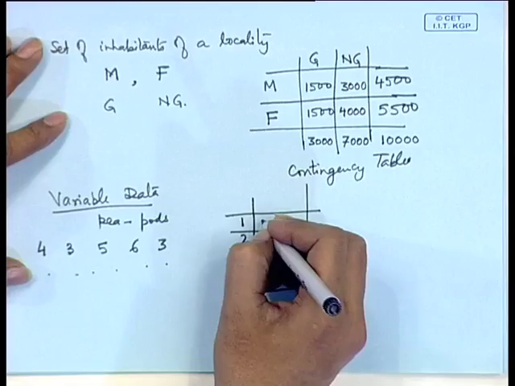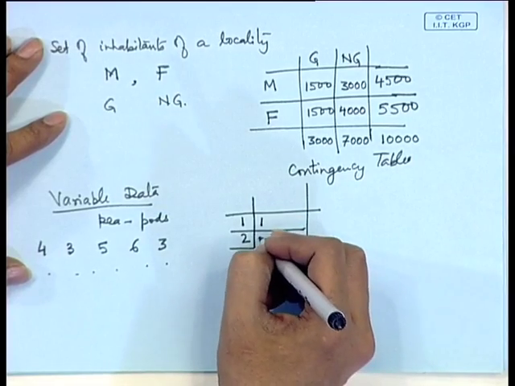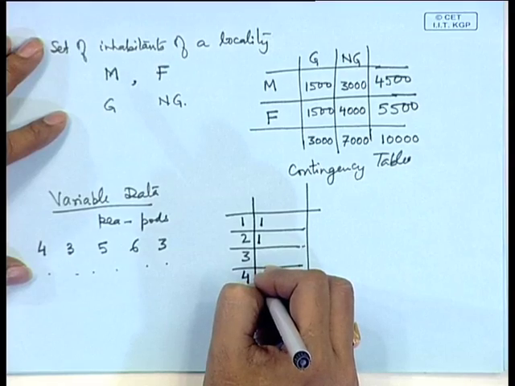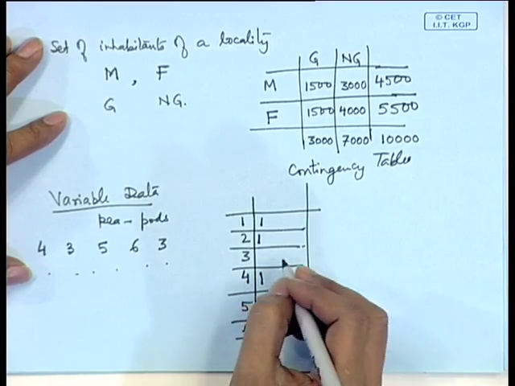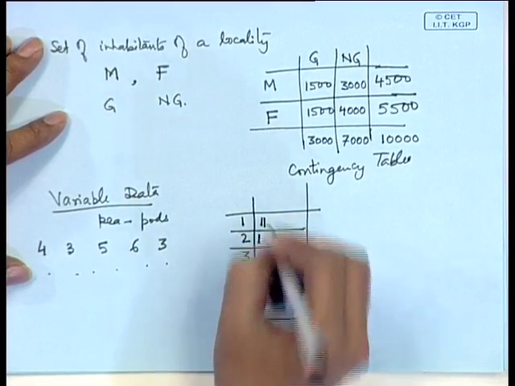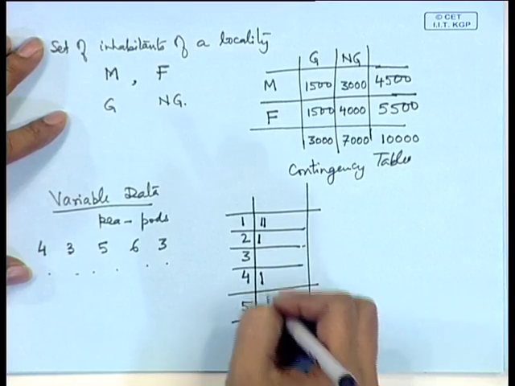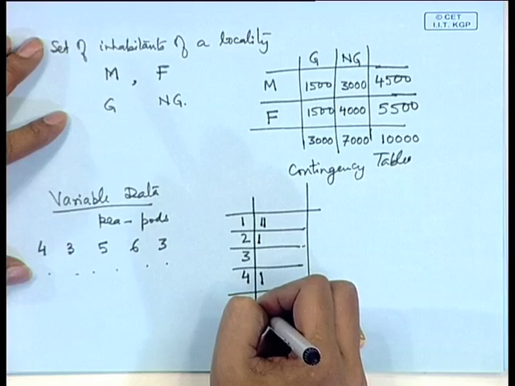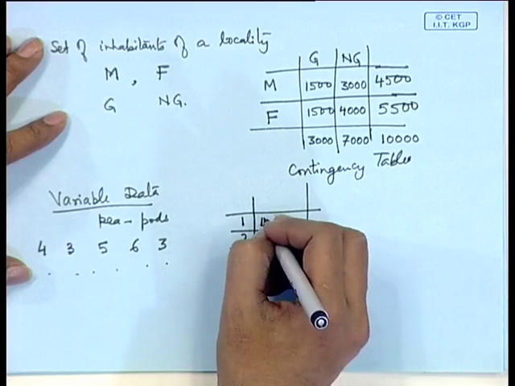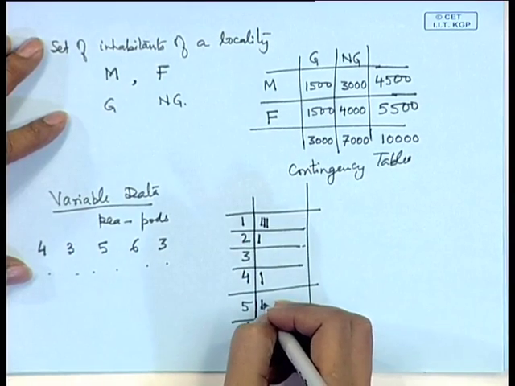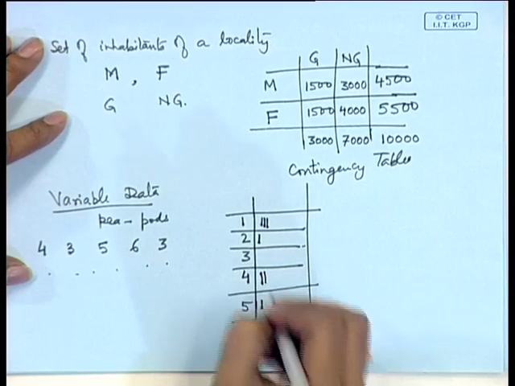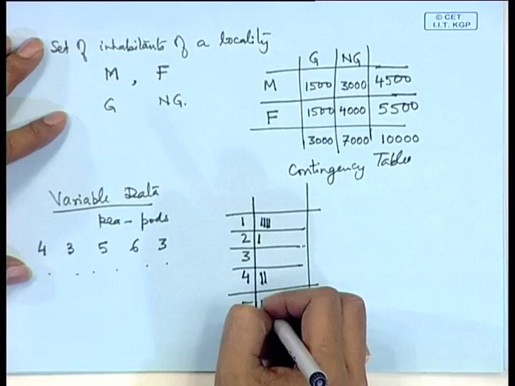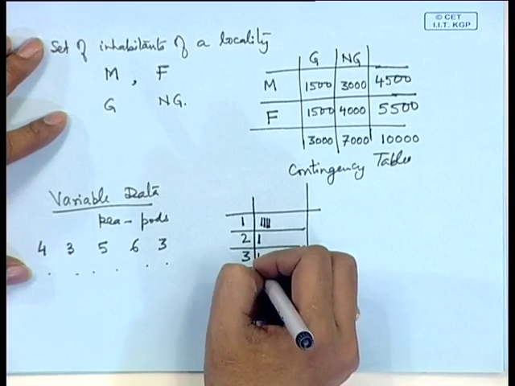If 1 occurs once, we make a tally mark, if 2 occurs once, we make a tally mark, suppose 4 occurs, we make a tally mark, suppose next 1 is again observed, we make a tally mark, then suppose next 6 is observed, we make a tally mark, then suppose 5 is observed, we make a tally mark, suppose again 1 is observed, next suppose 4 is observed, next suppose 1, suppose we have 5, suppose we have 3.